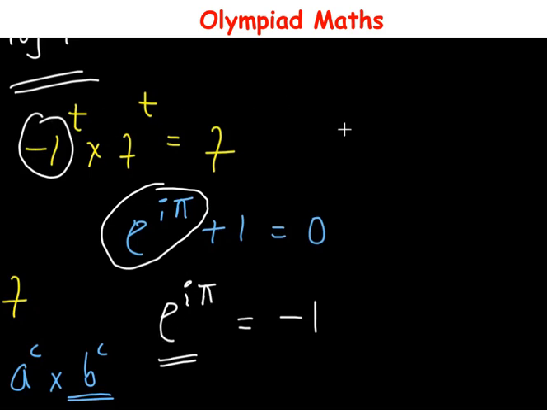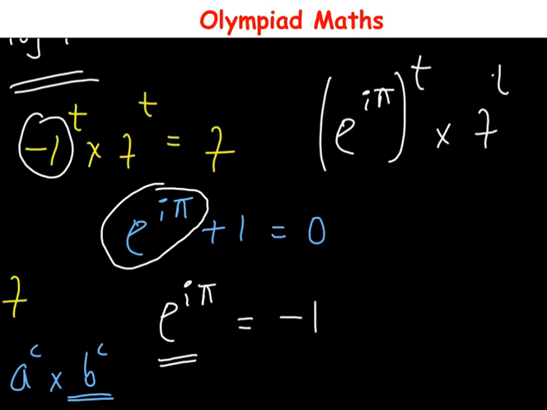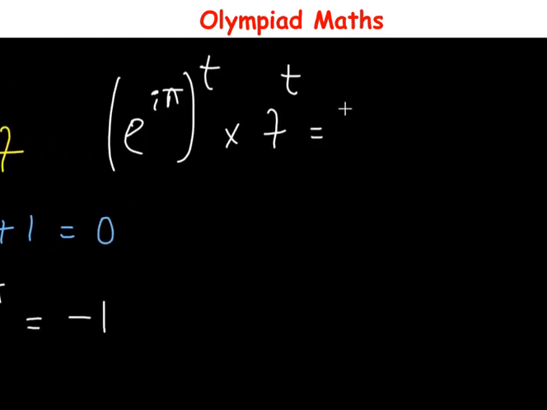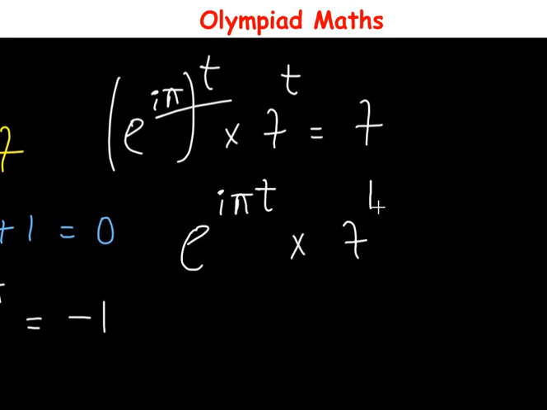This then becomes (e raised to power i times pi) all raised to power t times 7 raised to power t, and this is equal to 7. Multiplying, we have e raised to power i pi t times 7 raised to power t is equal to 7.